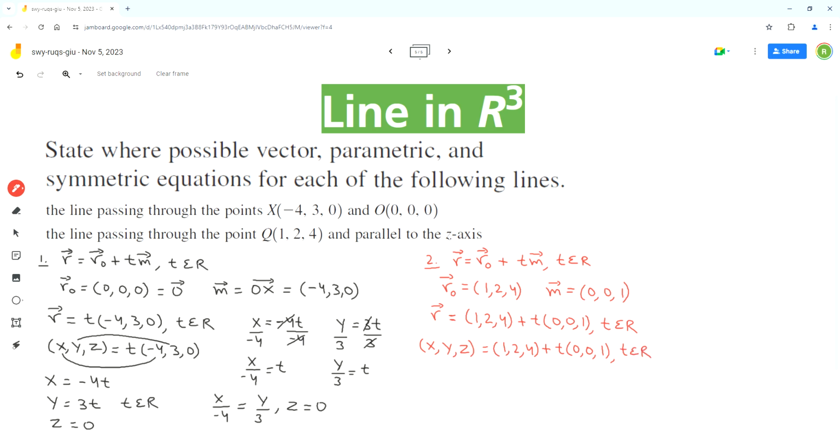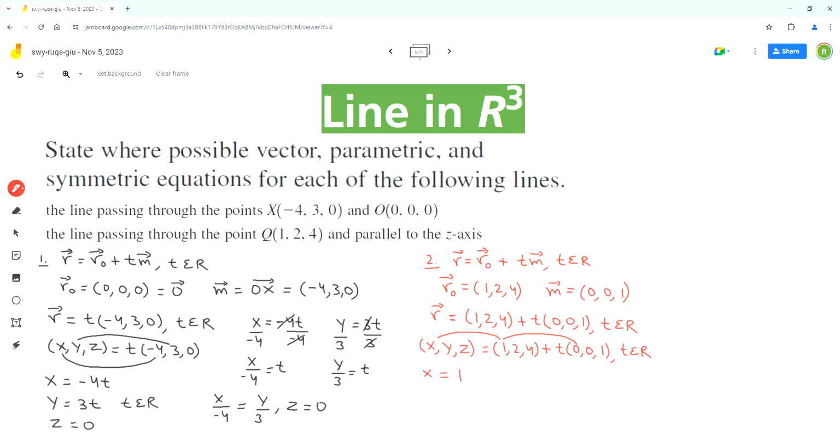Now we can break up this vector equation to write the parametric equations. So let's start with the x equation. We should use the x components of the three vectors, and we should multiply the components of the direction vector 0, 0, 1 by t. t times 0 is 0, so we can ignore the term.